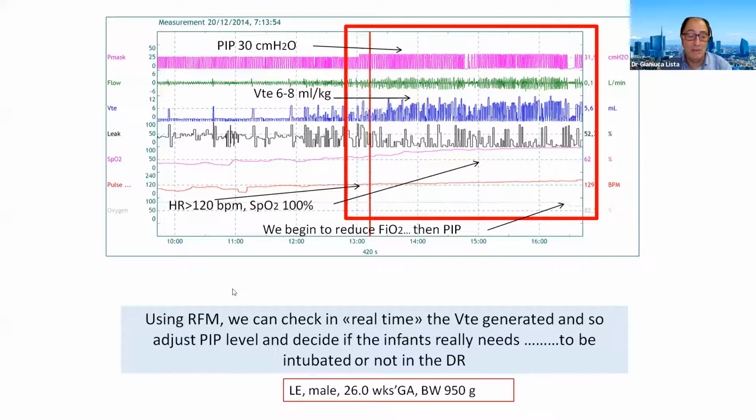So using a respiratory function monitor, we can check in real time the tidal volume that you generate during your respiratory support, and probably you can better understand if the baby needs to be intubated or not.